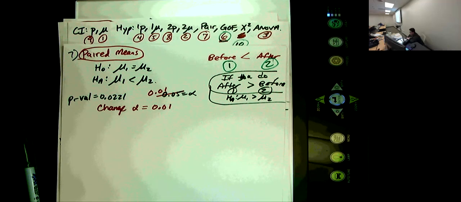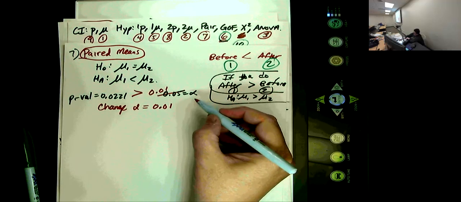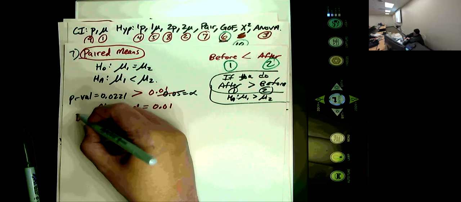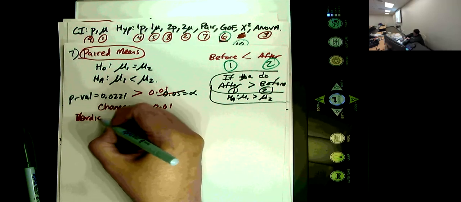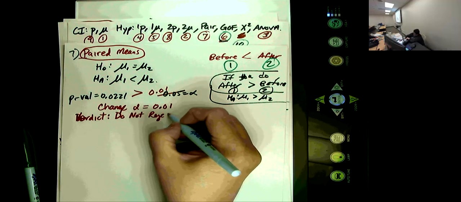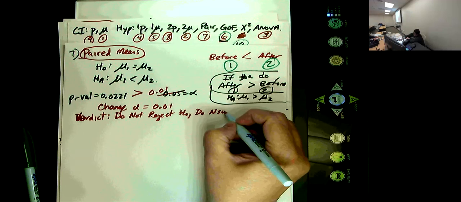And by having alpha be 0.01, now p-value is greater than alpha. And here we do not reject H naught. Do not support HA.